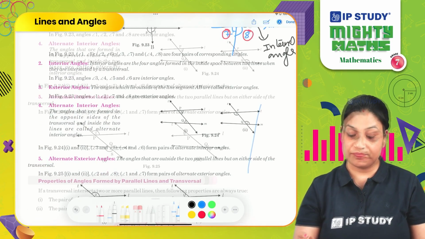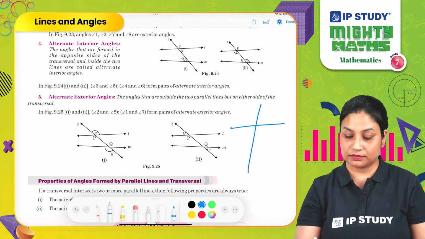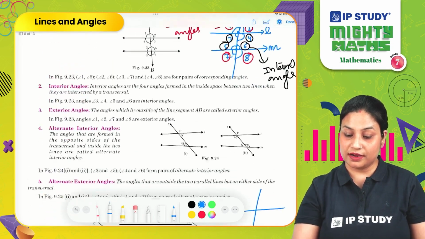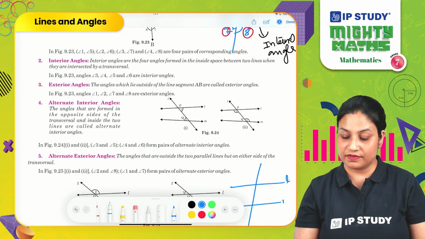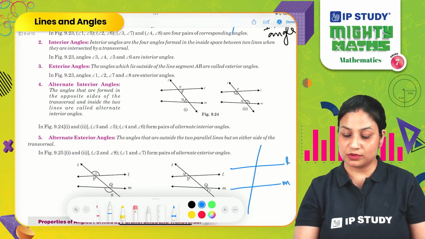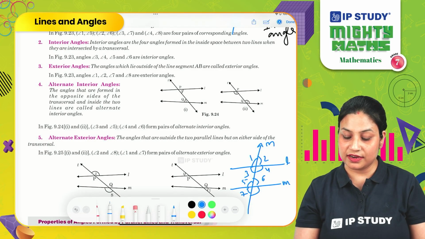Now we have some more angles. Let's explore them. We name the lines L and M, and the transversal was N, right? Angles 1, 2, 3, 4, 5, 6, 7 and 8.